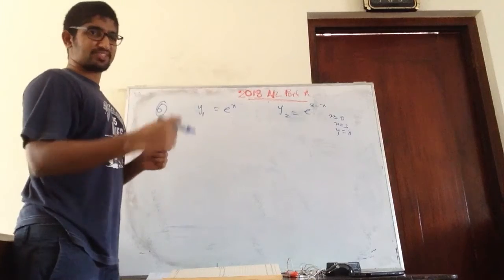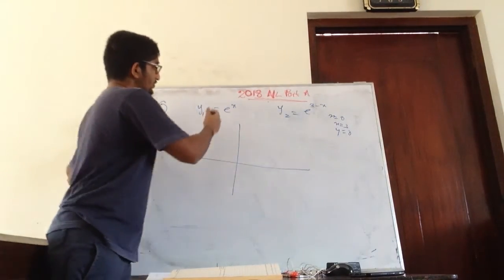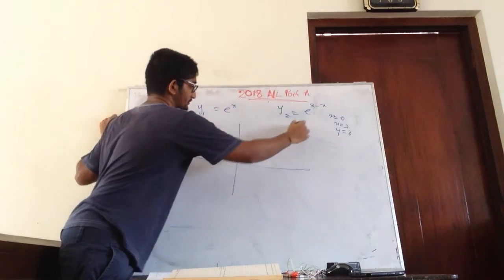So what we need to do first of all is let's draw a rough sketch. So y1 equals e^x will go like this.